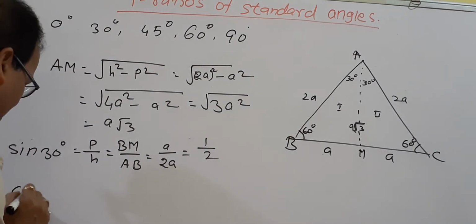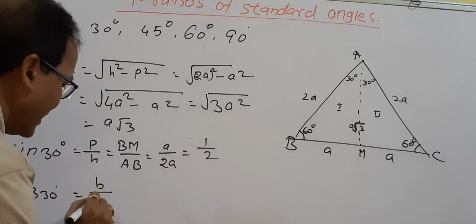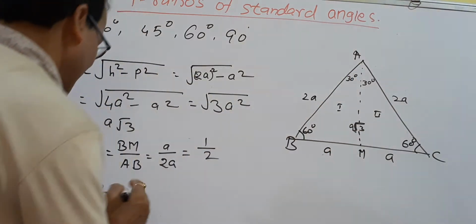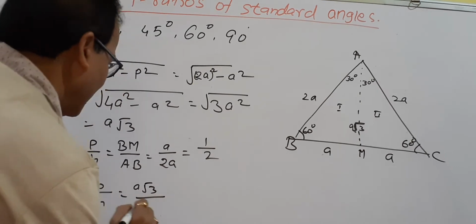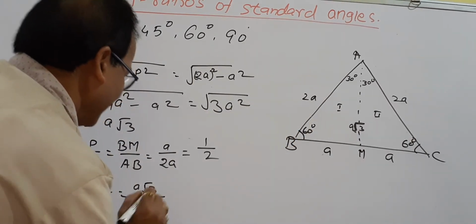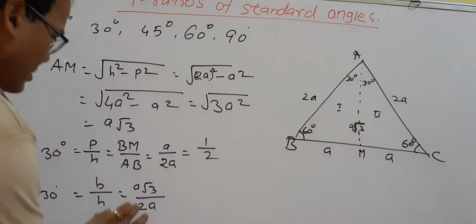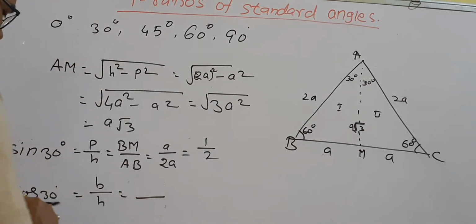Cos 30 degree is equal to B by H. The B value you are getting is A root 3, so A root 3 divided by 2A. Before that you should mention the side also, so you will not get confused.